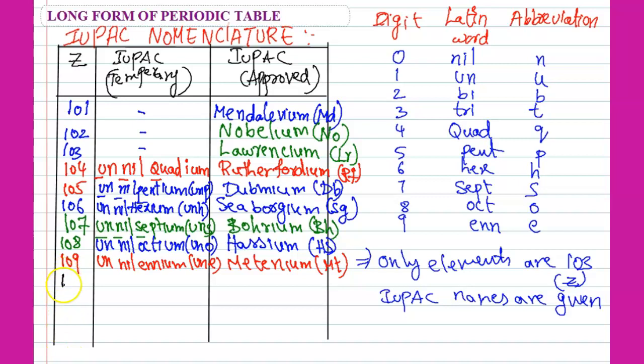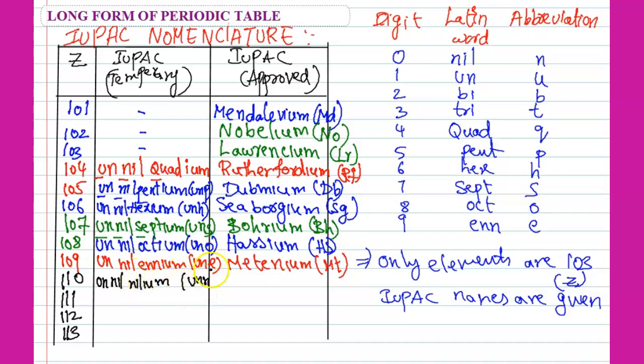Next, 110. 110 means, students, un, un, nil, nilium.